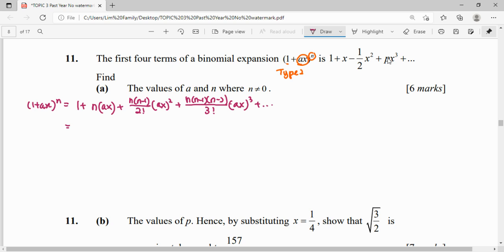From here we can simplify it, where this will be nax plus, 2 factorial equals to 2, so a squared x squared, and the fourth term here, n(n minus 1)(n minus 2) over 3 factorial, which equals to 6, a cubed x cubed.